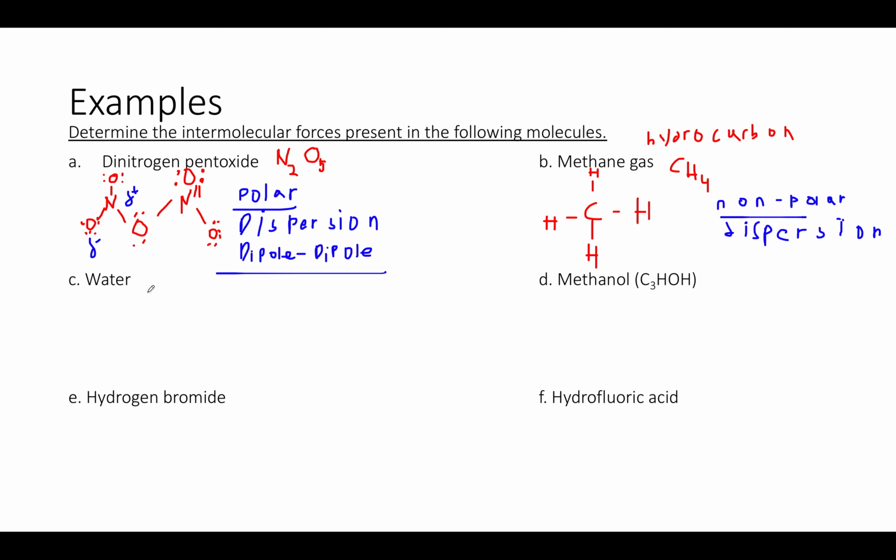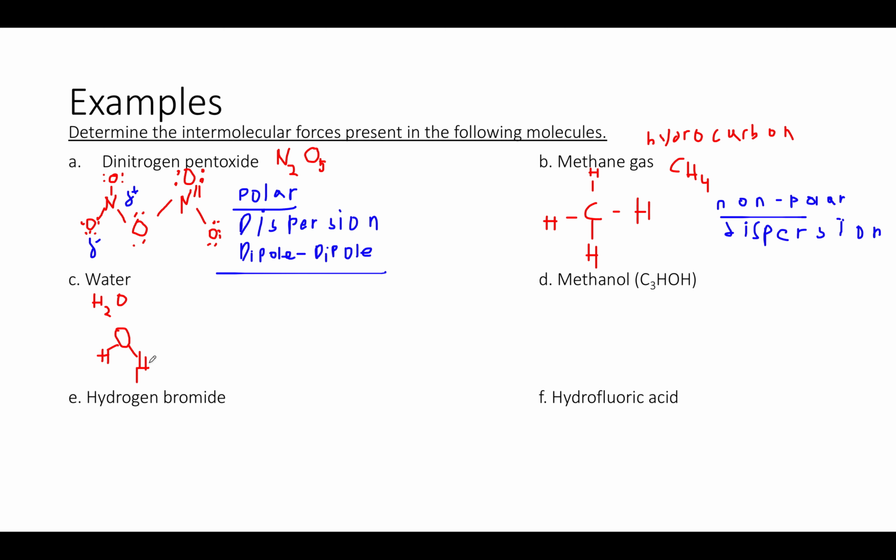Water. Well, water is your classic polar molecule. Most people know that water's polar, if you're in the chemistry world, but I will draw the structure for you. Water, as you know, is H2O, dihydrogen monoxide. Oxygen goes always in the middle, more electronegative. You got 2 hydrogen here.